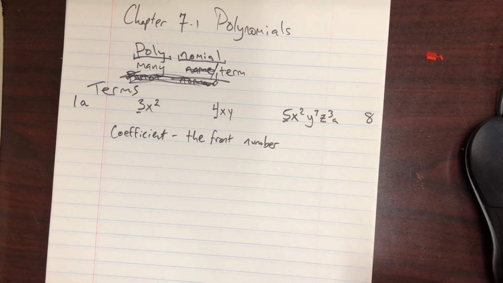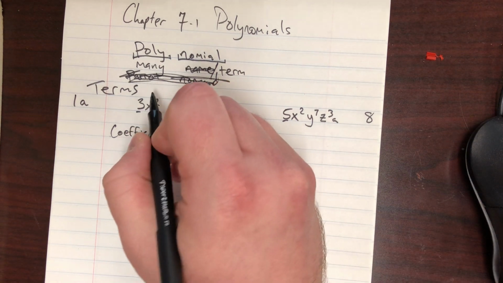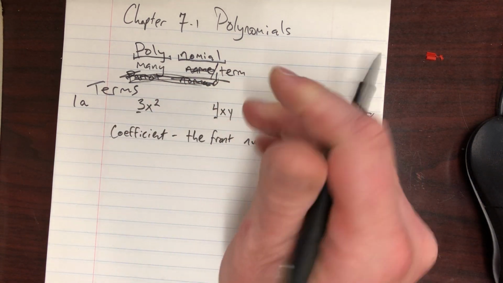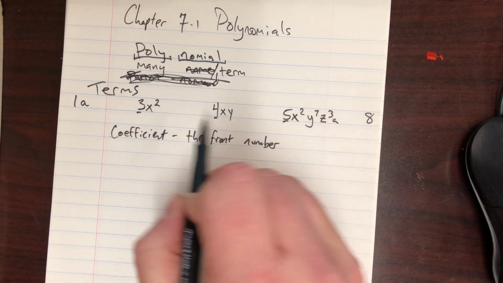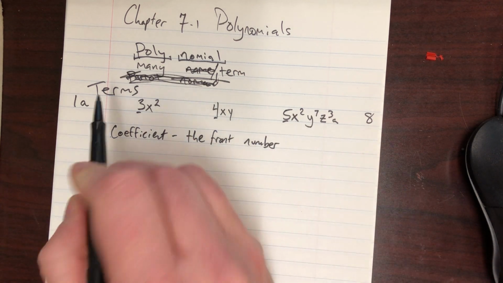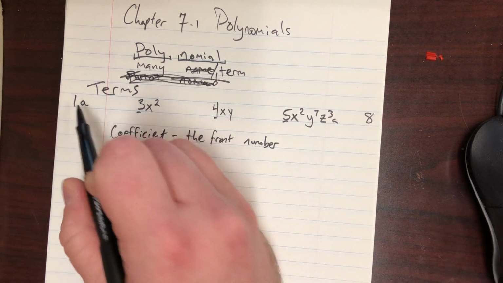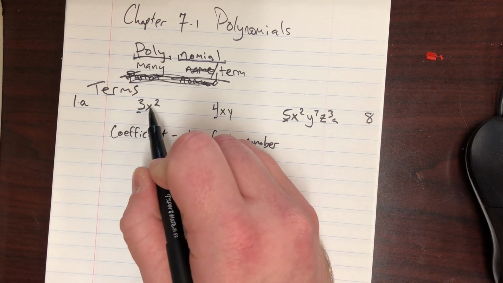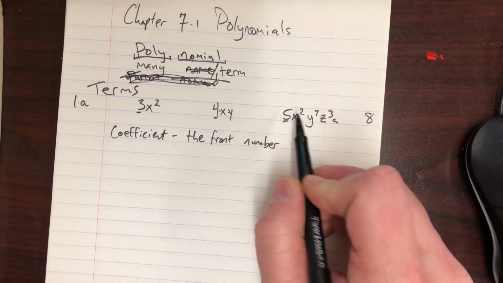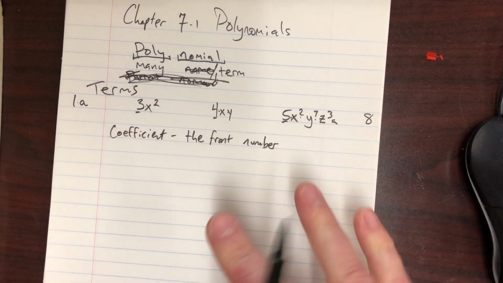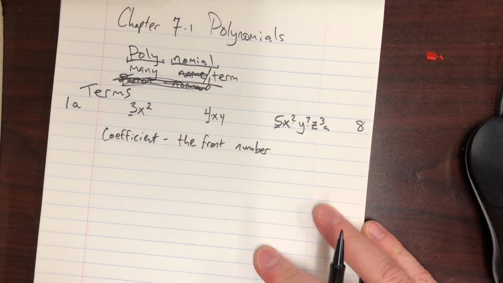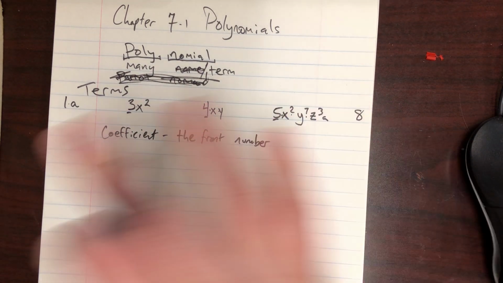Terms are very broad, but terms are made a term because it's a bunch of things connected through multiplication, right? There's nothing written between the 1 and the a because it's times. There's nothing written between the 3 and the x squared because it's times. It's times, times, times, times, times, times. Lots of times. So that is what makes these things a term.